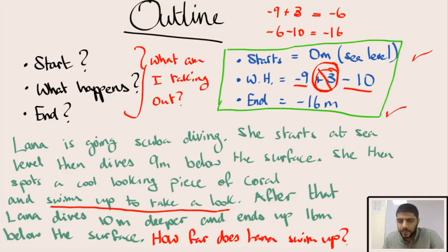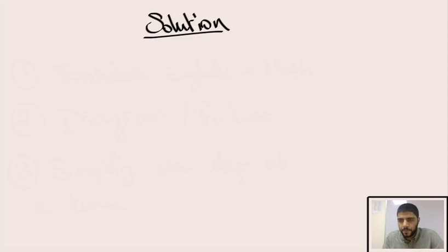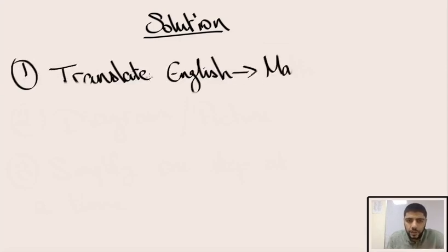All right, now let's talk about how to show your solution, how to show your work. Now, whenever you're showing your solution, I want a few things. First of all, you wrote your word problem in English. I want you to translate it to mathematical expressions and be explicit about that.